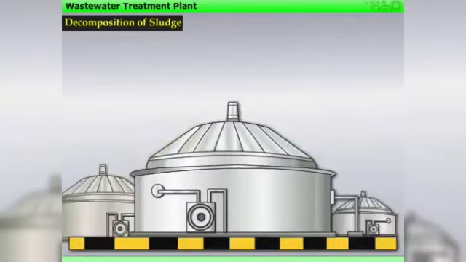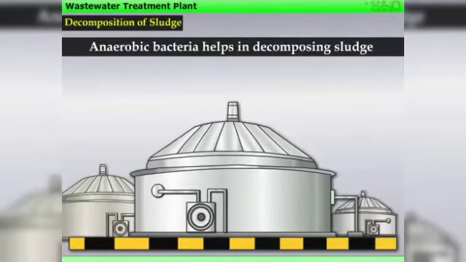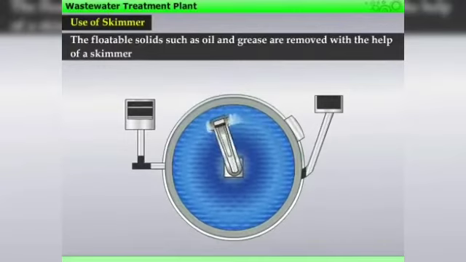How to remove this? The sludge is removed by using a scraper. Not every day. See, it will settle down. Once in 3 days or once in 4 days, they will scrape it out with the use of a scraper. The scum is removed by the use of the skimmer.